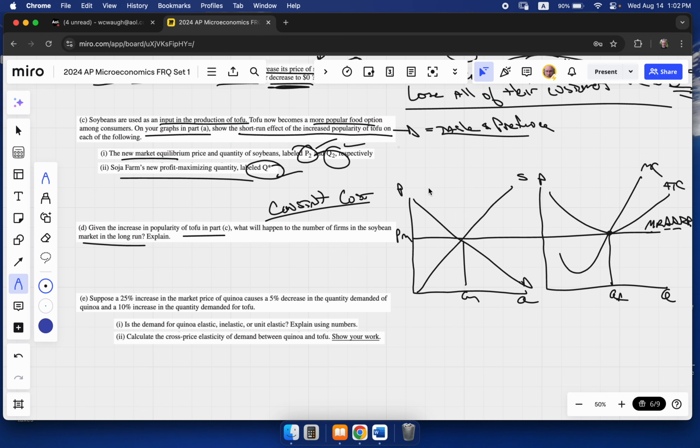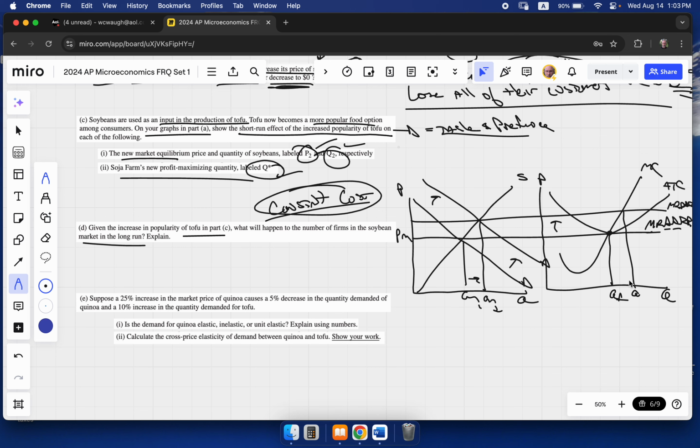What we know happened above was the demand for this goes up. This causes us to have a new MR equals D equals AR equals P. I'm getting to the point of what it means to be constant cost. Here we are with our new quantity. As the price goes up, the firm produces more, as does the market, QM 1, 2, right? And we know they're making profits right there.